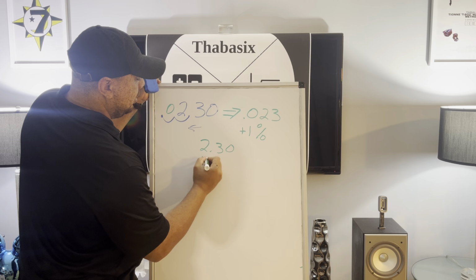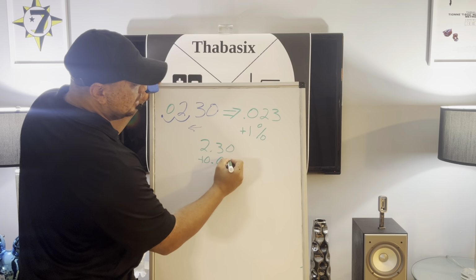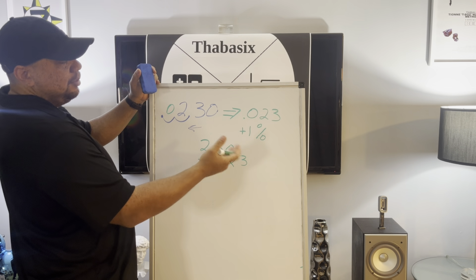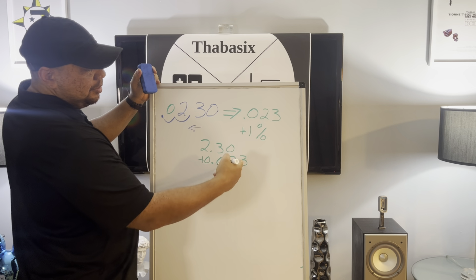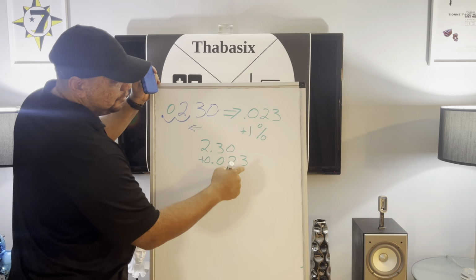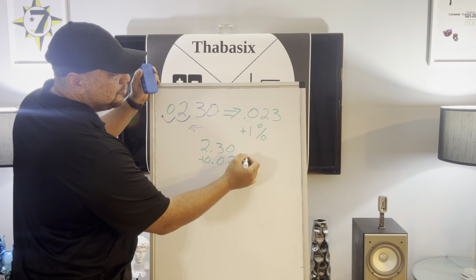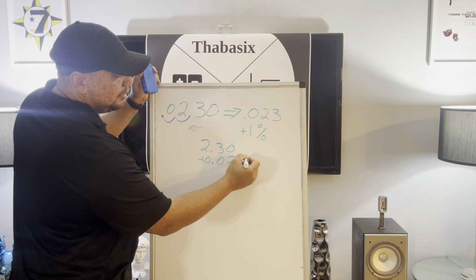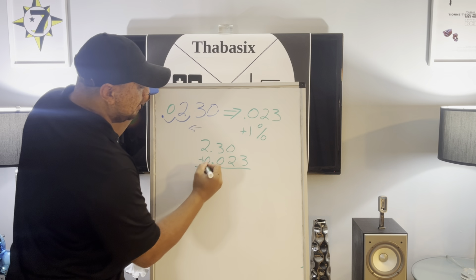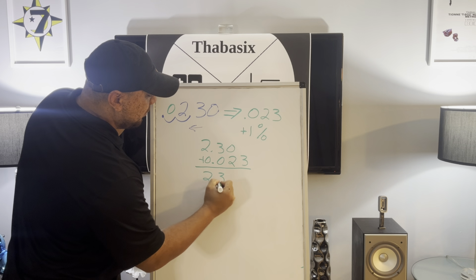Plus. You gotta remember to line these things up right. And I know we round everything up and down, so basically that would round up to just 2 cents, a 2 cents increase. But I'm leaving that there to make sure you know that if this was 5 or above, then we would round that up to 3 cents. So a 1% increase would be $2.32.